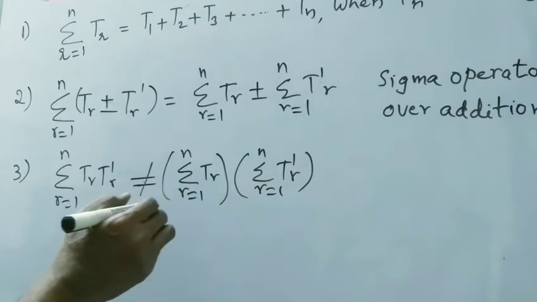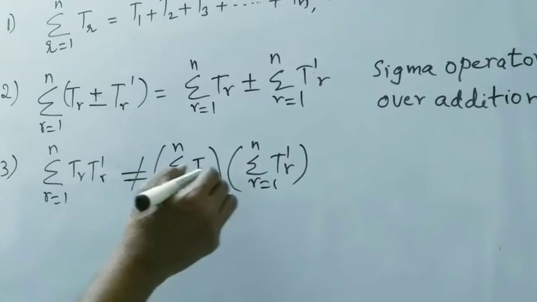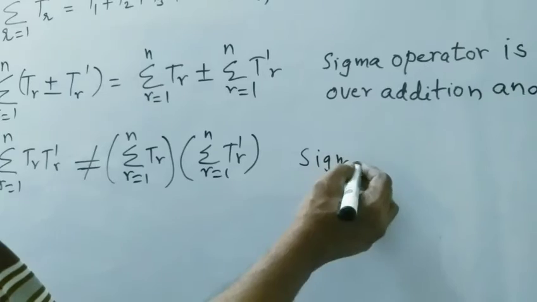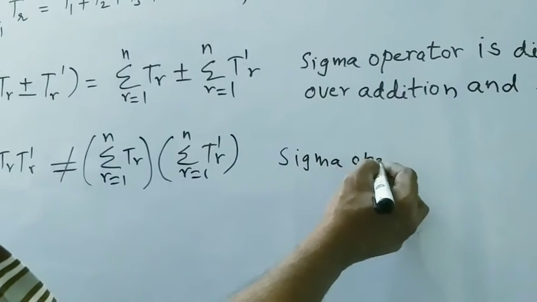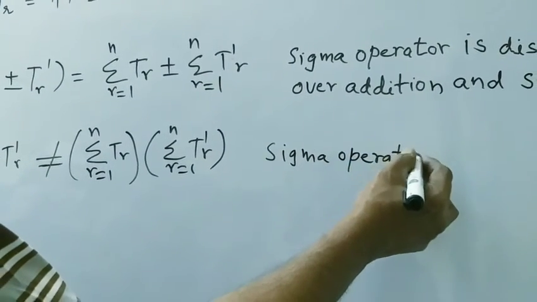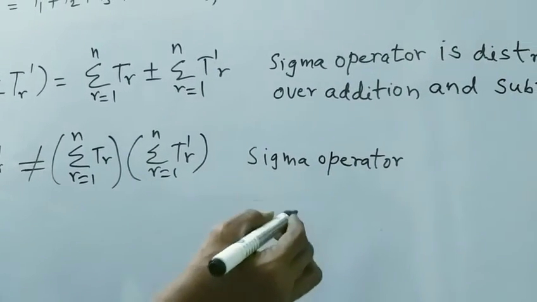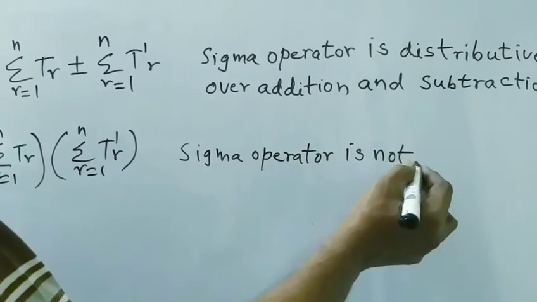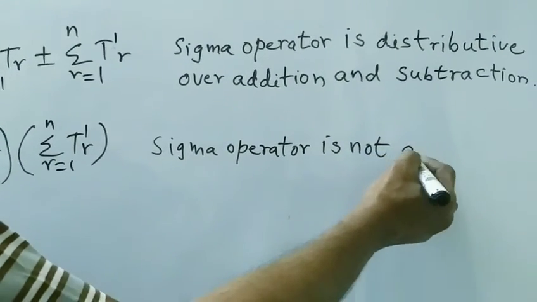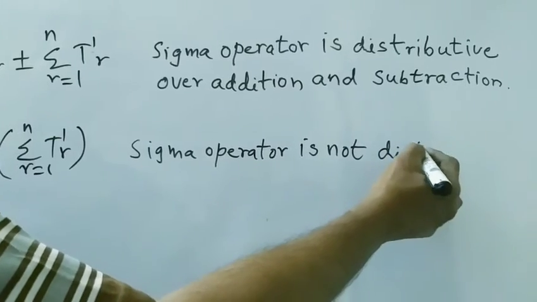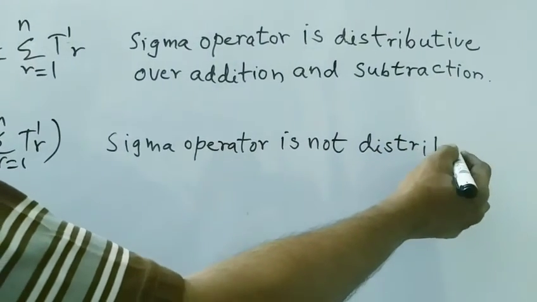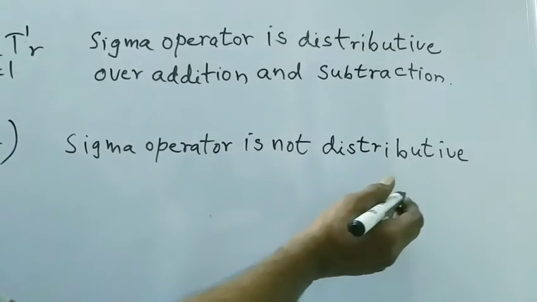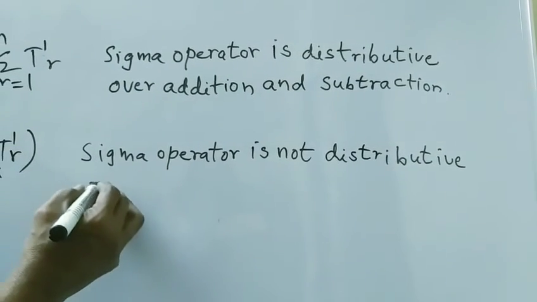The sigma operator is not distributive over multiplication.